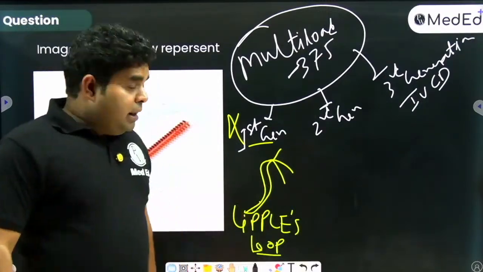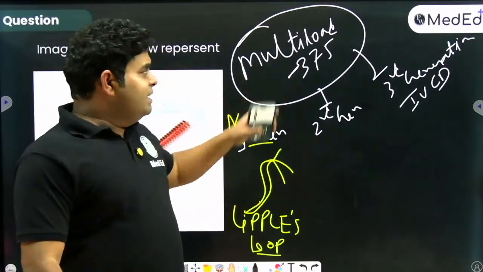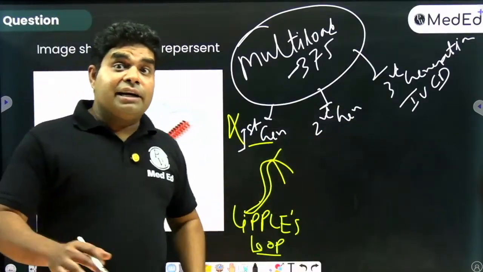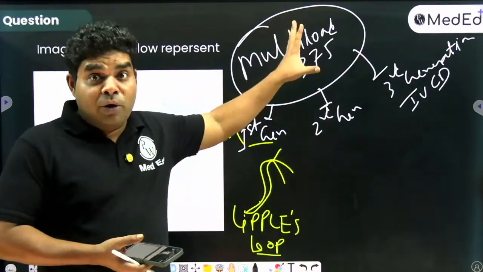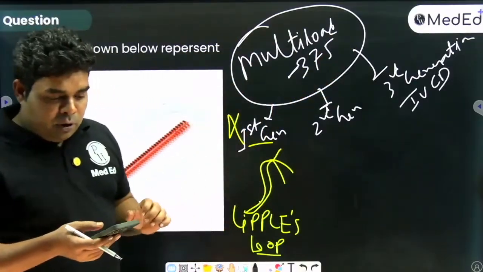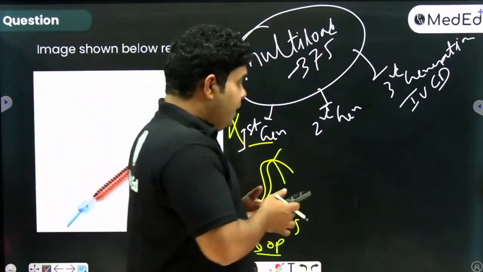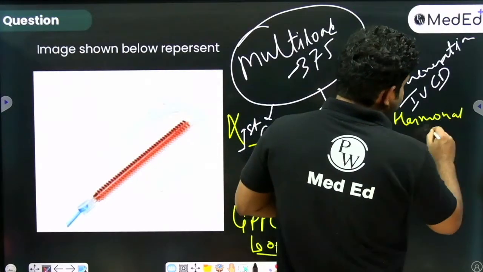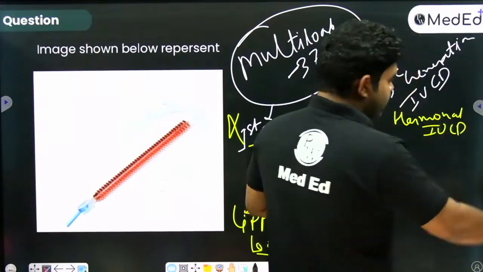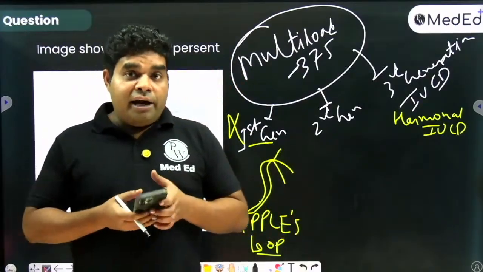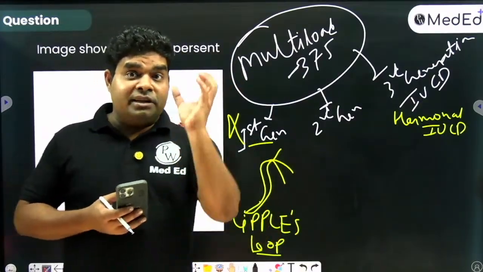Do remember. Then multi-load 375, is it second generation or third generation? People think it is third generation because it is multi-load. So they think hormone will be here and it is third generation. Because third generation, I hope you all know, is hormonal IUCD. But if they give a hormonal IUCD image, hormones are liquid, and to store liquid, you need a plastic thing.